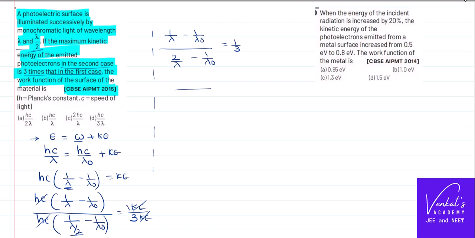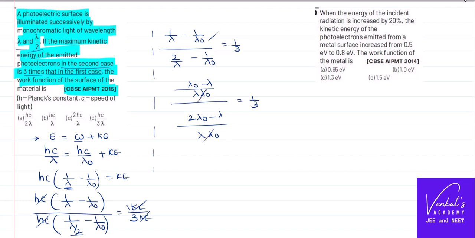Let's take the LCM: lambda naught minus lambda in the numerator, again lambda naught, then 2 lambda naught minus lambda. I have just taken the LCM of the numerator terms as well as the denominator terms, in the ratio of 1:3.